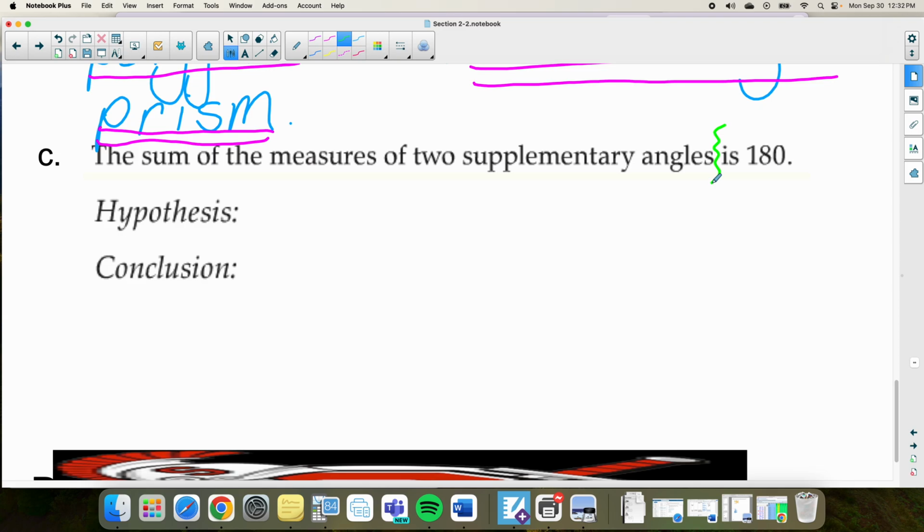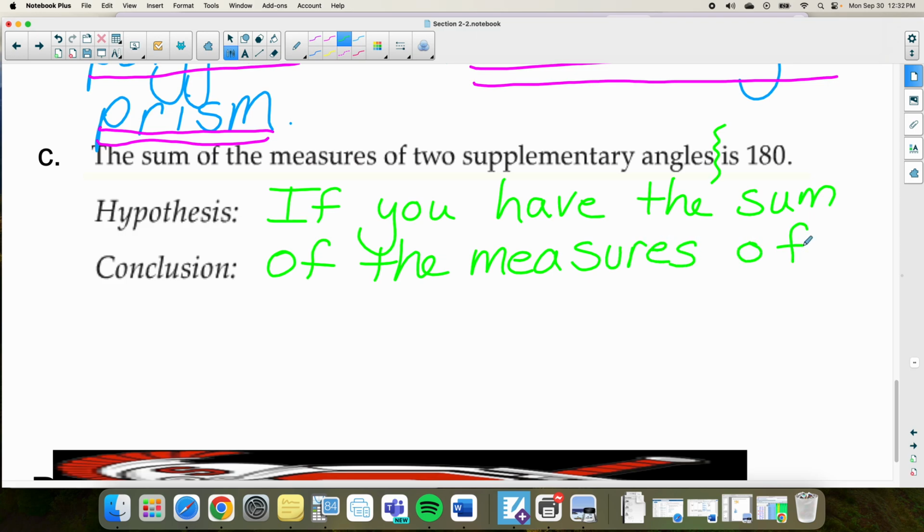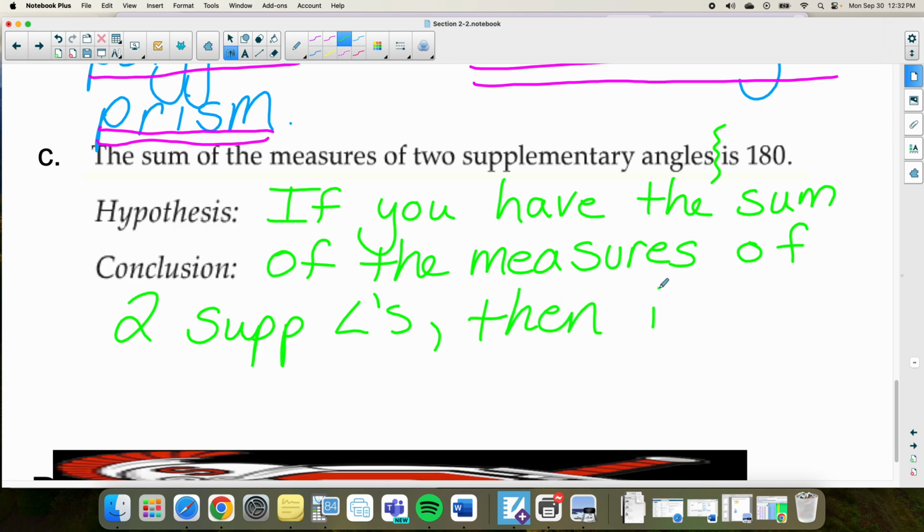And I'm gonna say, if you have the sum of the measures of two supplementary angles, use SUPP for supplementary is fine, then it is 180.